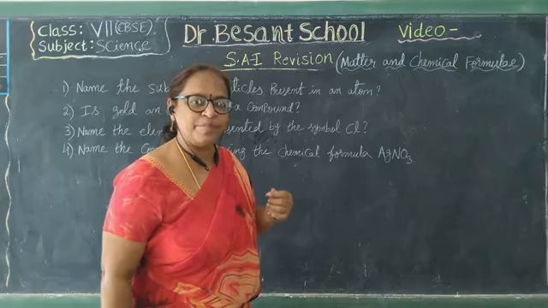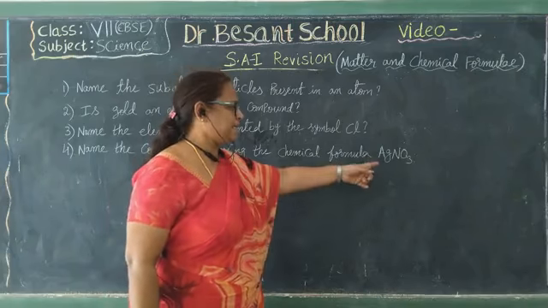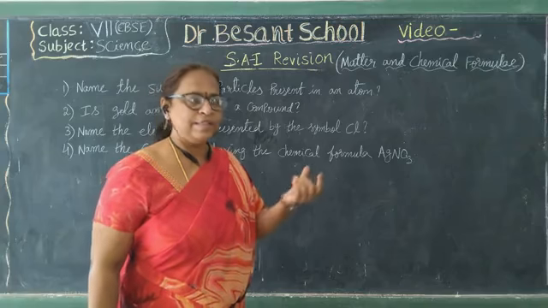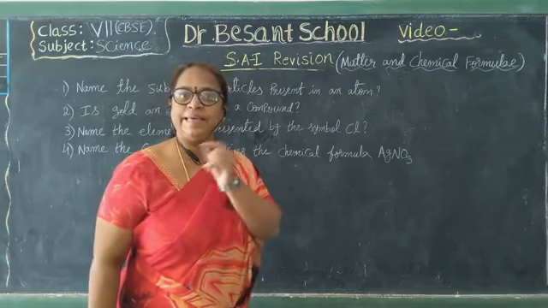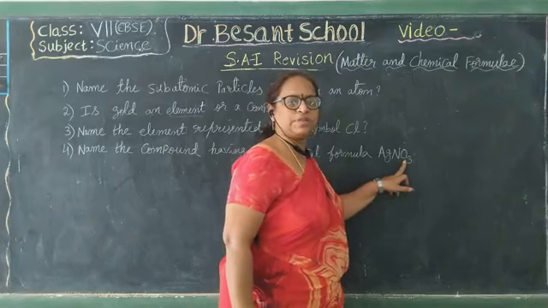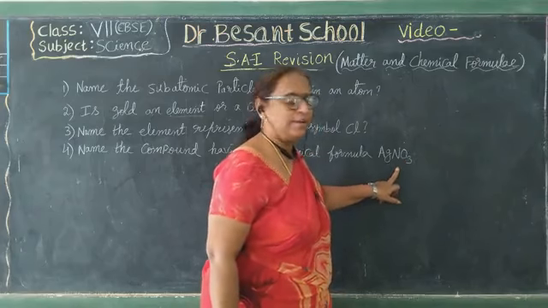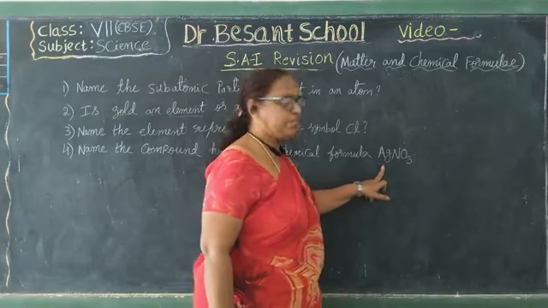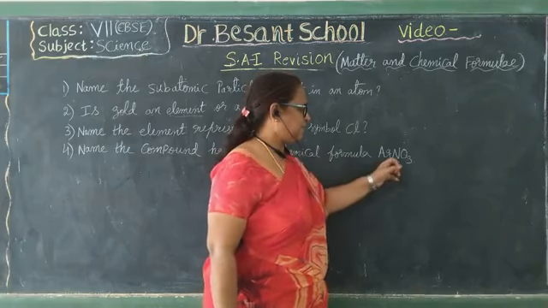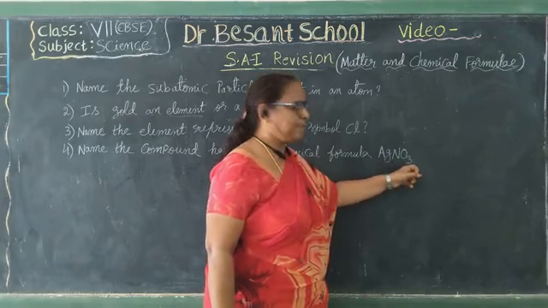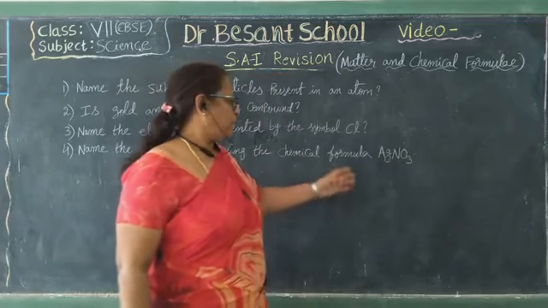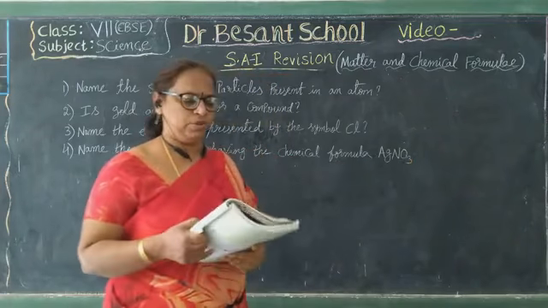Argentum is the Latin name of which element? Yes, silver. N is nitrogen and O is oxygen. And I told you, when any element combines with oxygen, what will you get at the end of the name? Ate, meaning that element combined with oxygen. Here nitrogen is combined with oxygen, so we call it nitrate. And Ag is silver. So the name of the compound is silver nitrate. Clear? Silver nitrate is the name of the compound having the formula AgNO3.